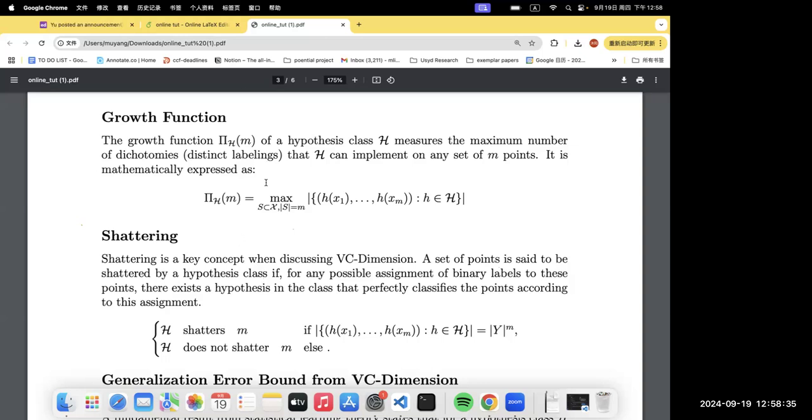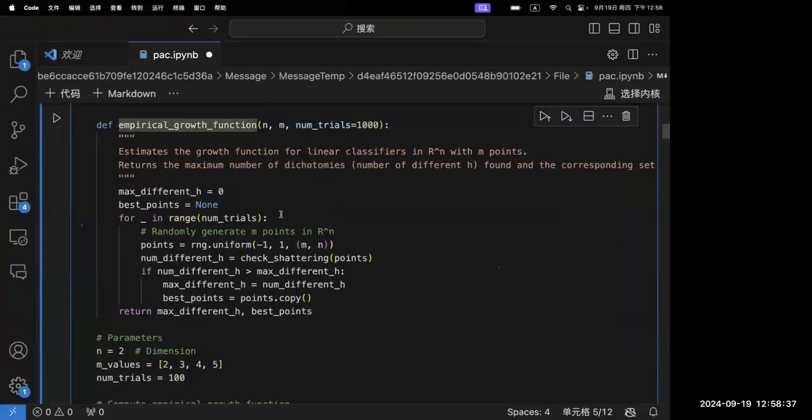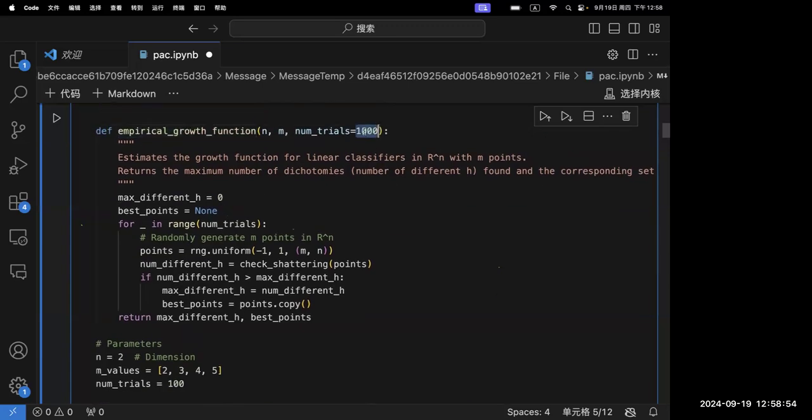That is the reason why we cannot have an exact computation of the VC dimension, because we cannot enumerate all the possible ways to arrange the data points. But we can set a really large number of trials.